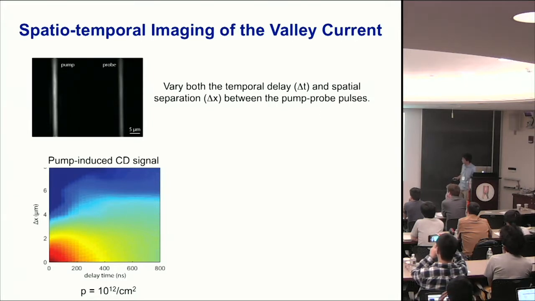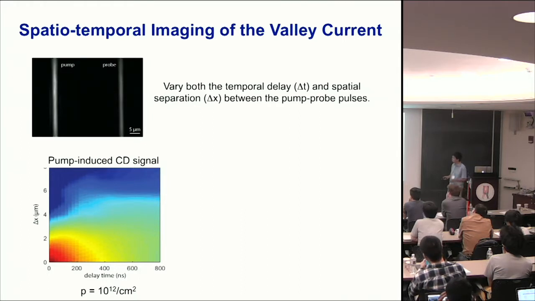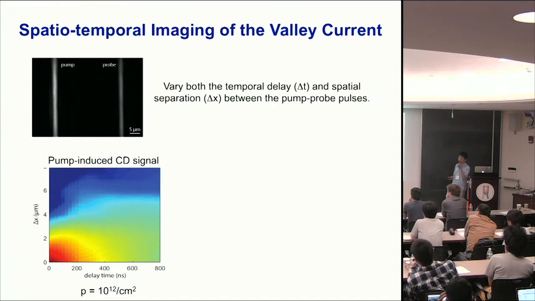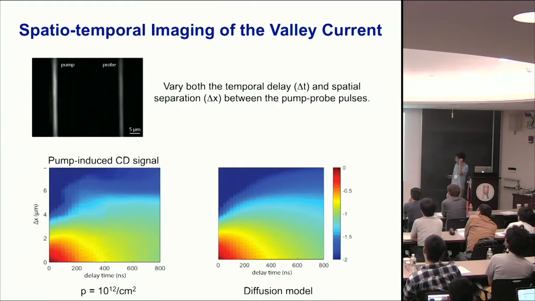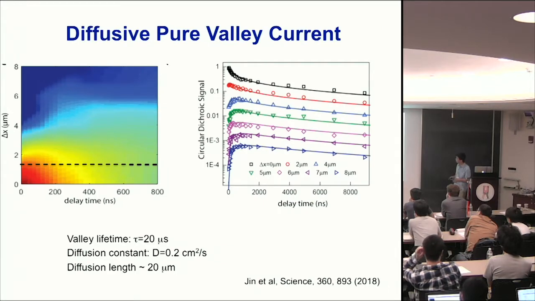So what you can see is that at zero time, all the holes sit close to zero, basically where the laser excitation is. And after hundreds of nanoseconds to 1 microsecond, basically they diffuse out. And this indeed agrees quite well with a pure two-dimensional, actually effectively one-dimensional diffusion model, because we excite with a line excitation.